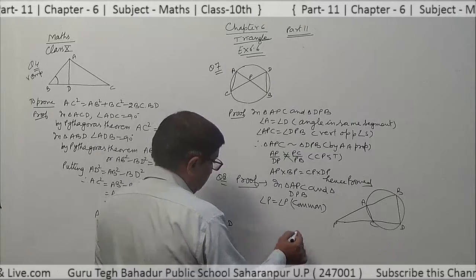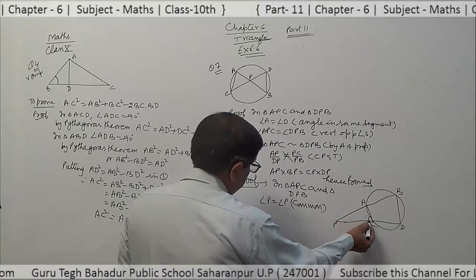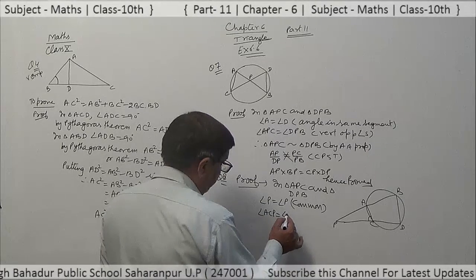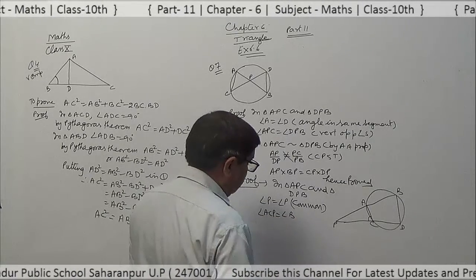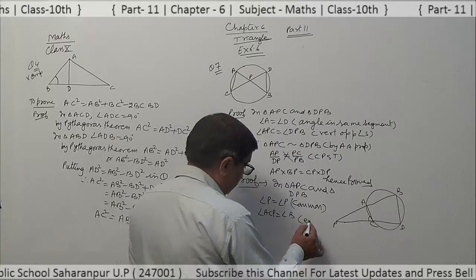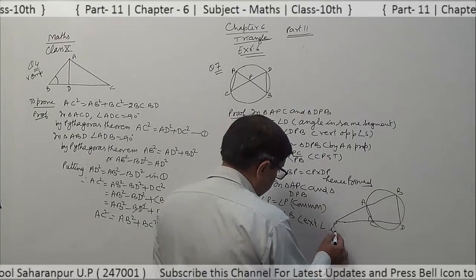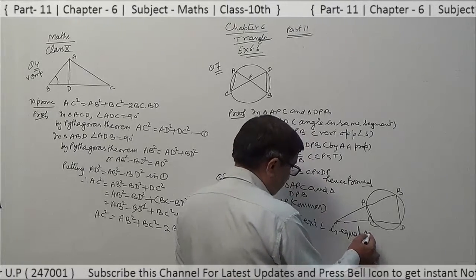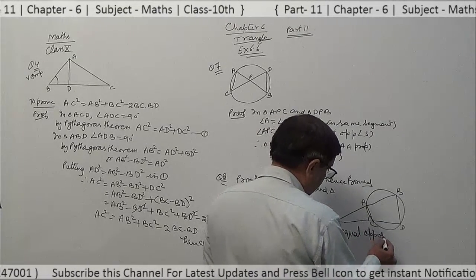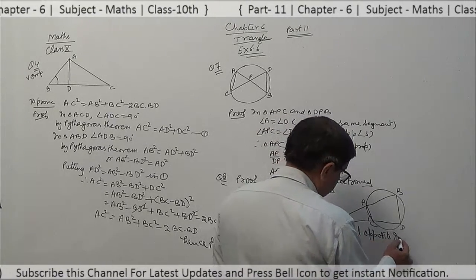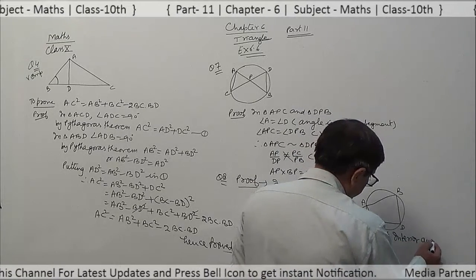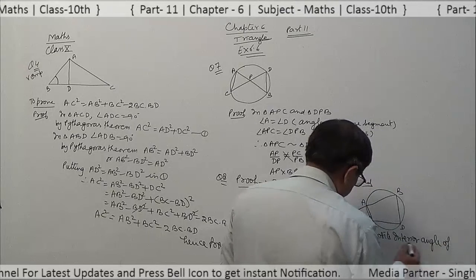Second, angle ACP is equal to angle B. Exterior angle is equal to opposite interior angle of cyclic quadrilateral.